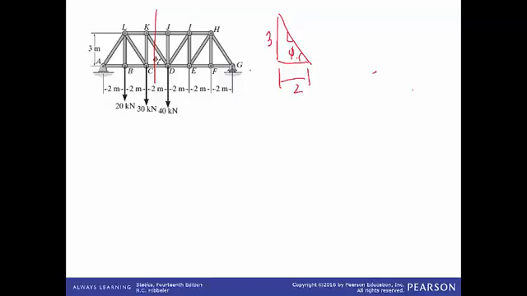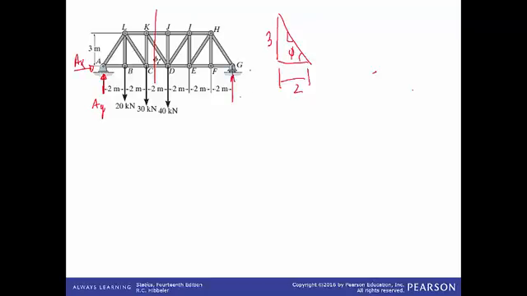So we have to do the left hand side, as I said, but before doing that we need the support reaction on A, which would be like this. So you have AY and AX.